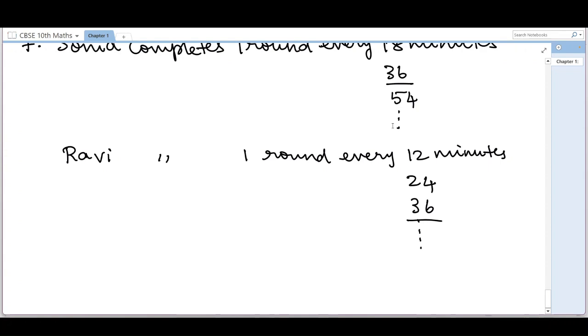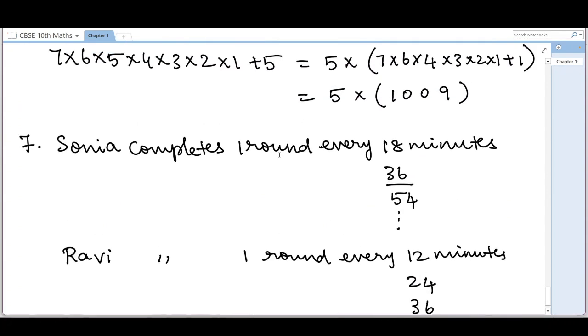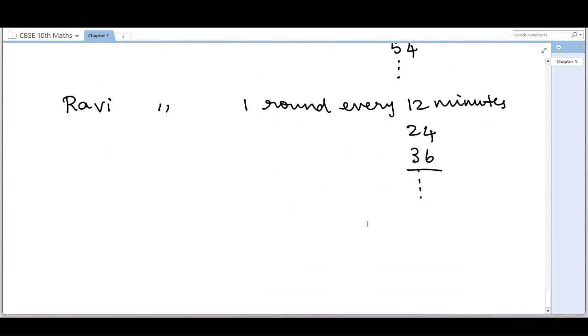But mathematically what we are trying to find is the least common multiple of the two values 18 and 12. So thus we can write that the first common time for both of them to reach the starting point is the LCM of 18 and 12.